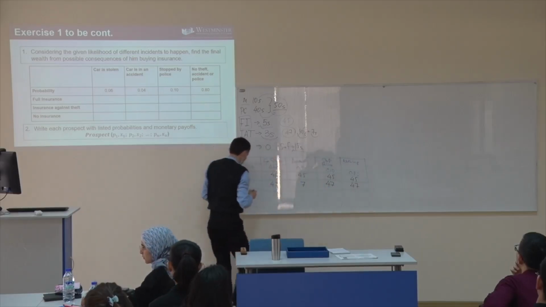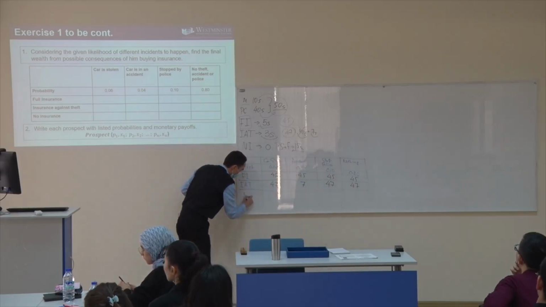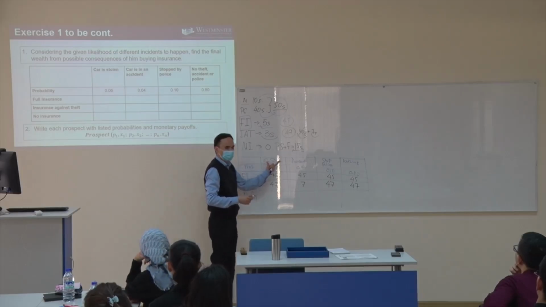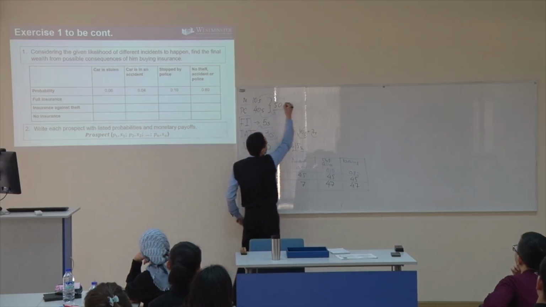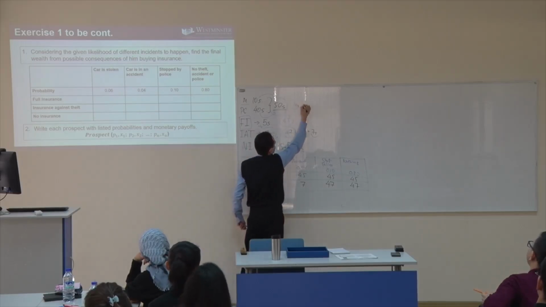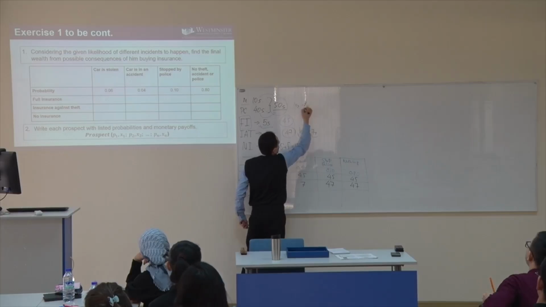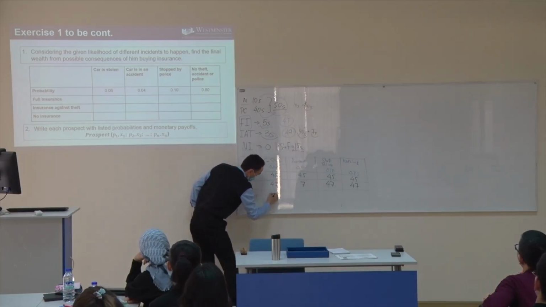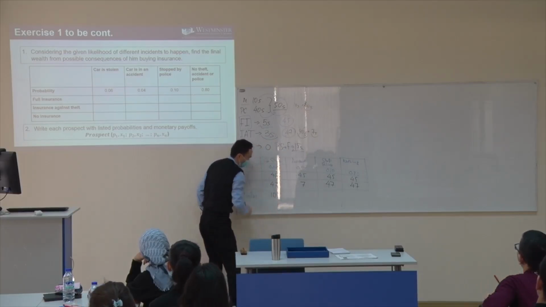Next one, third one. No insurance. Now, if my car is stolen, it's gone. I actually had 10 sums plus 40 sums of car price. Now the car is gone, so I will end up with 10 sums.